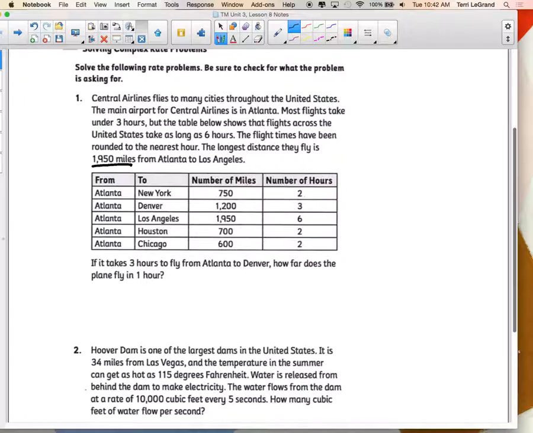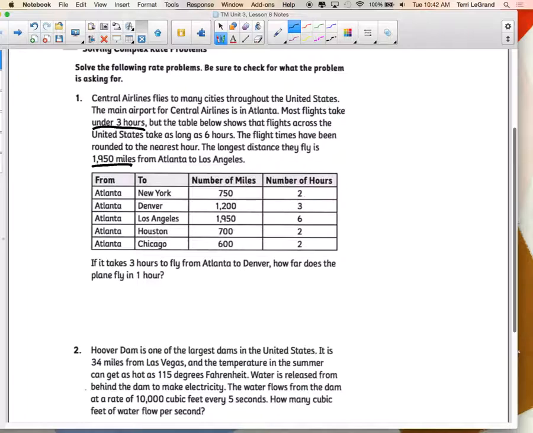So that's information for us. If there was a question about the longest distance, that would be helpful. Is there anything else they tell us that we may or may not use? Sammy? Most flights take under 3 hours. Okay, maybe, maybe not, we'll use that.